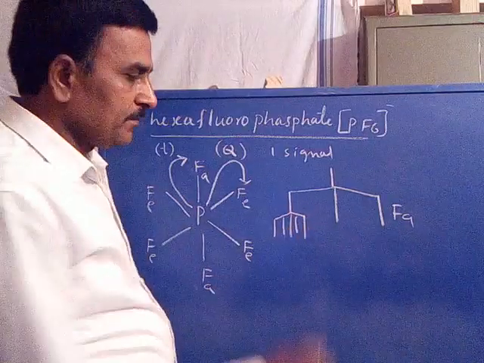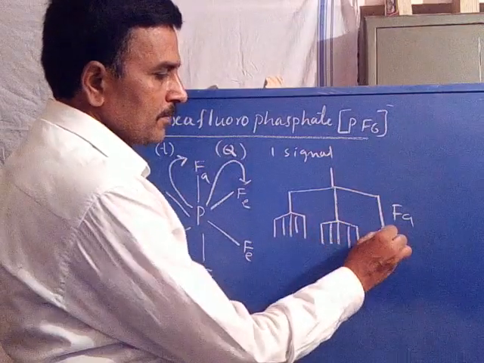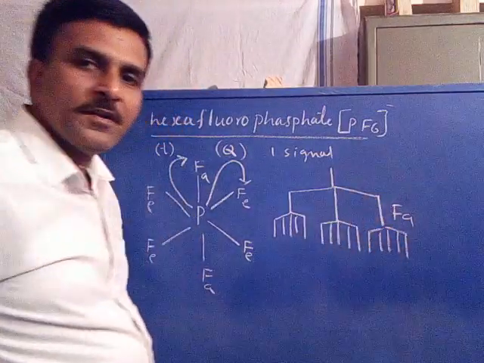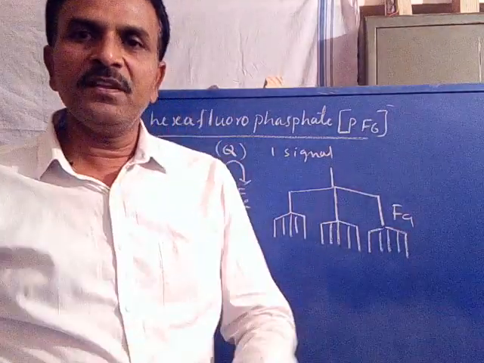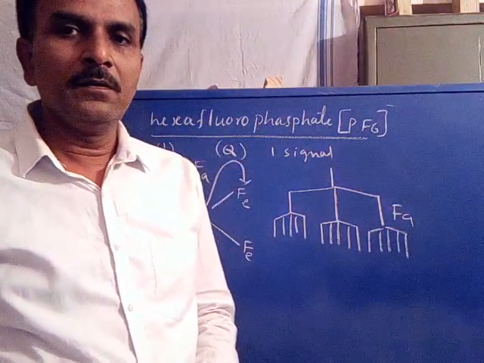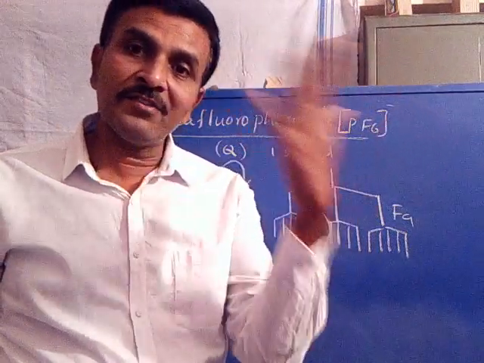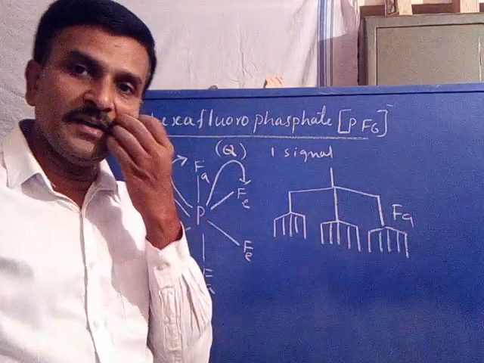A quintet, this is also a quintet, a quintet. Now the overall multiplicity for one phosphorus is a triplet of quintet. Each line of the triplet is further multiplied as a quintet.